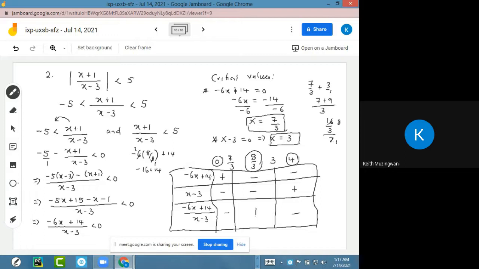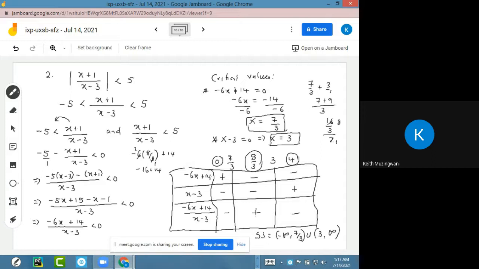You divide, we get positive. We want to get where it is less than 0. So our solution set this far is from negative infinity up to 7 over 3, union from 3 up to positive infinity.